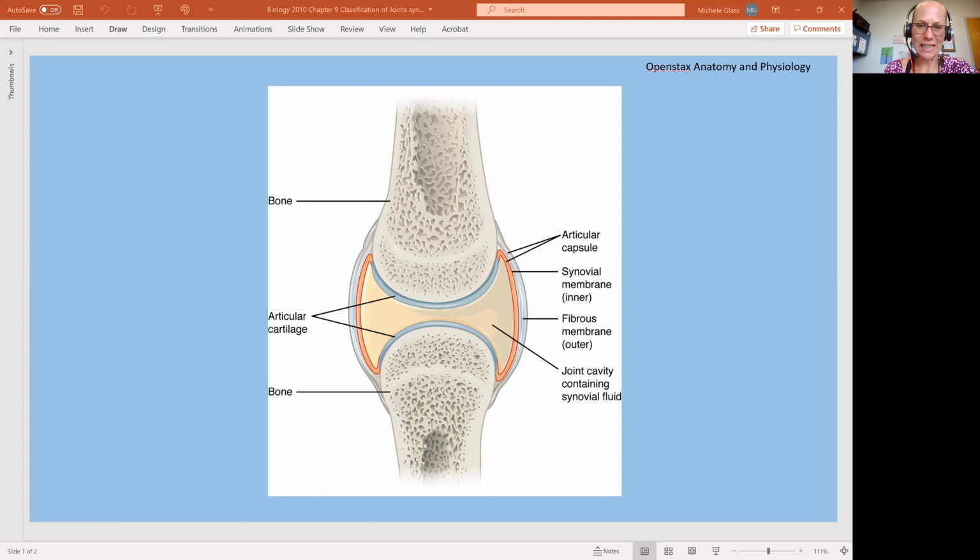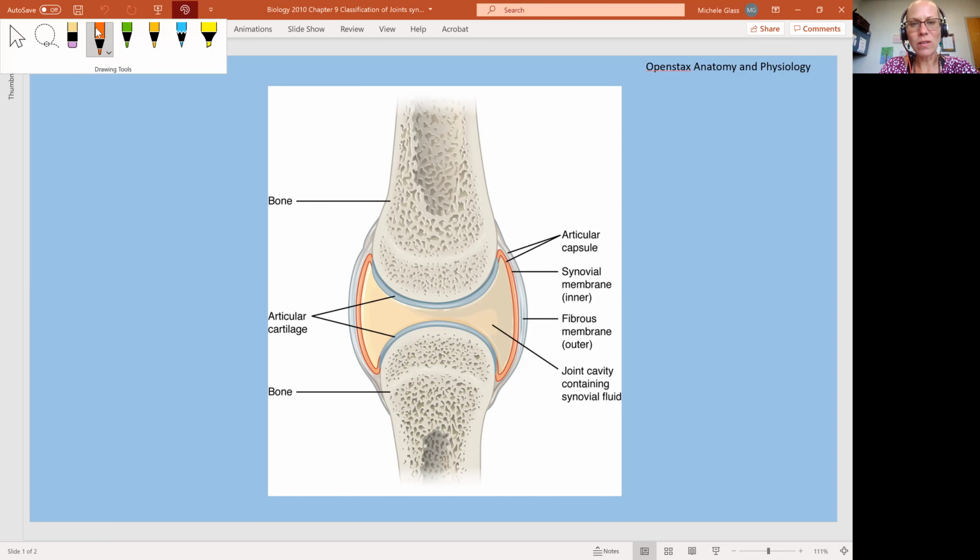So to begin, this picture here is a diagram from our textbook, OpenStax Anatomy and Physiology. And what we see are two long bones connected together by a synovial joint. There's not enough detail really to see what bones we're looking at in this particular case.